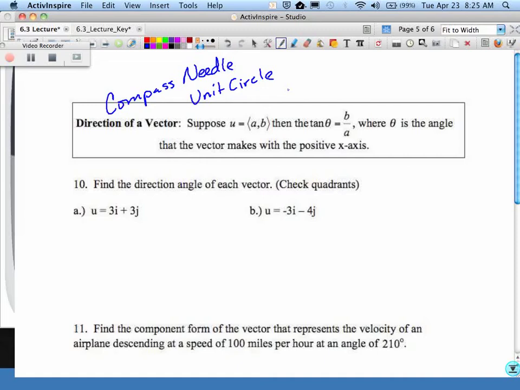When you hear that, what is the direction of this vector, they're asking you to calculate which way the compass needle is pointing. What angle is it pointing to on your unit circle? We've done all the work before, it's really nothing new.